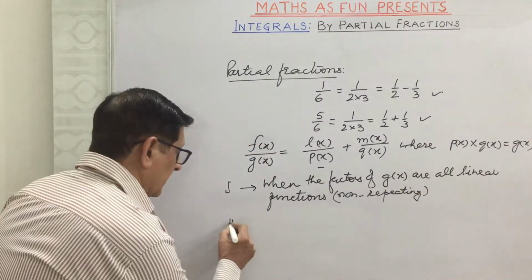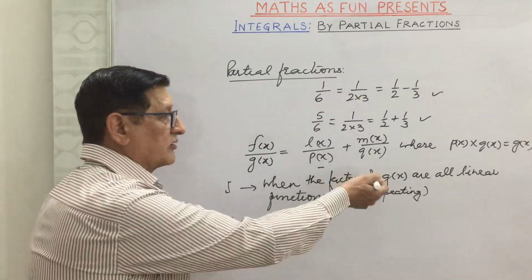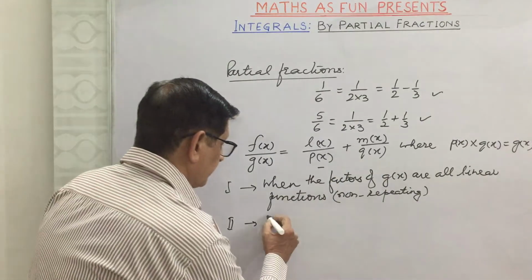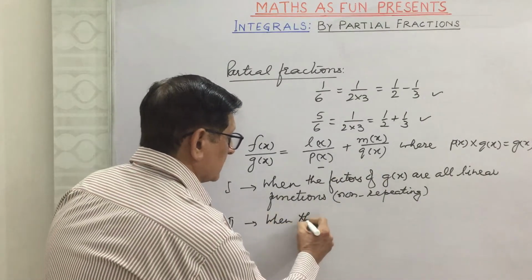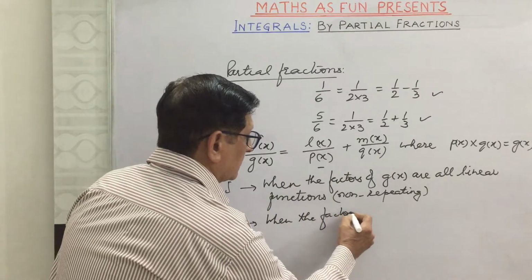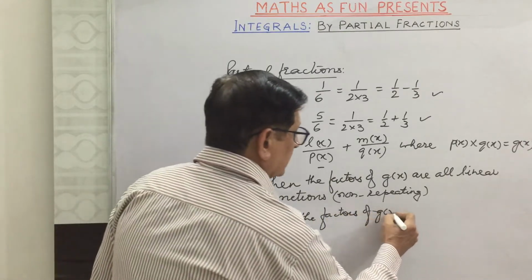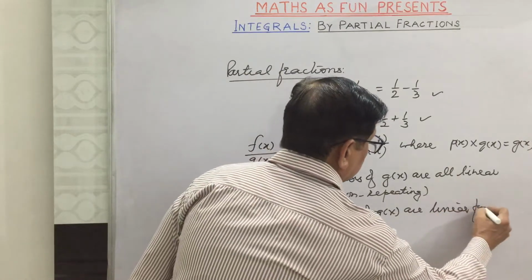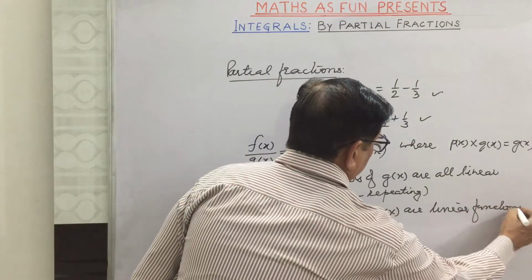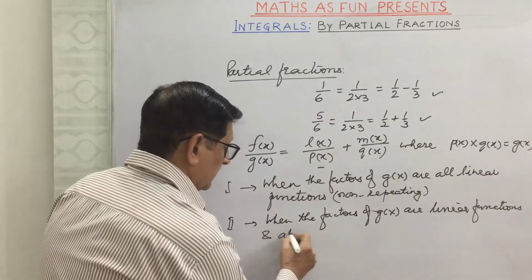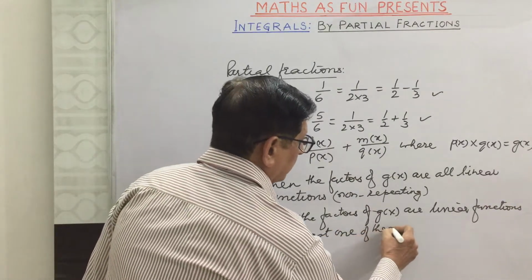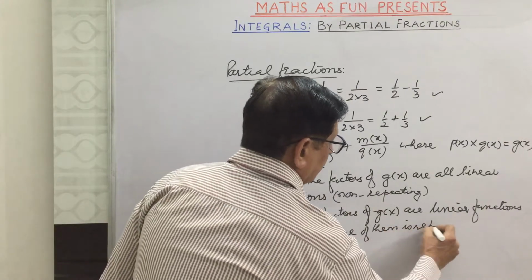Second type we will have when the factors of g(x) are linear functions but at least one of them is repeating.